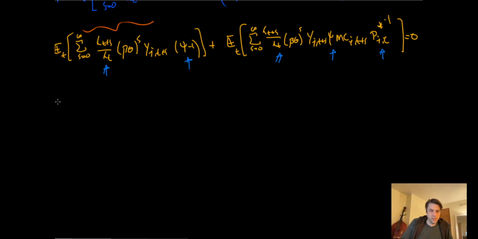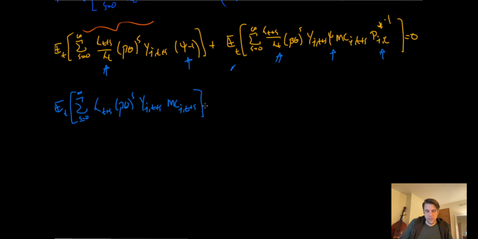So what we're going to end up with is, I'm writing this right part first. The expectation of t, sum from s equals 0 to infinity, lambda t plus s, beta theta s, yjt plus s, mc jt plus s, close. And then as promised, here is psi and lambda t and pjt minus 1.